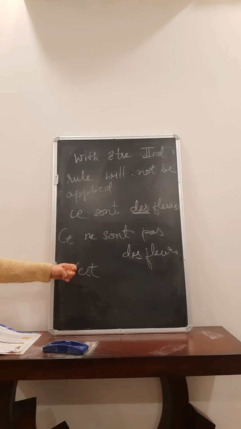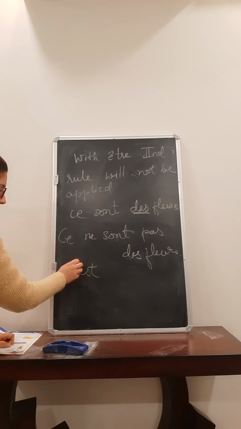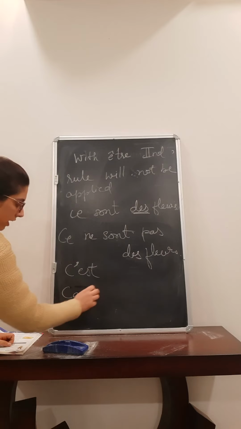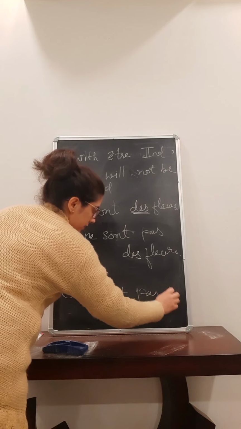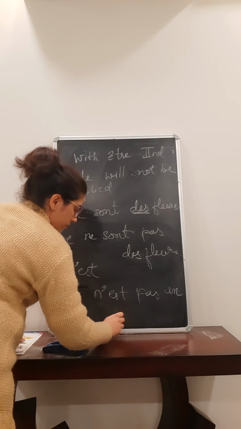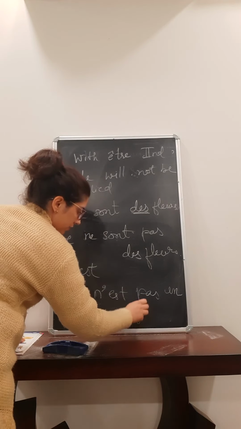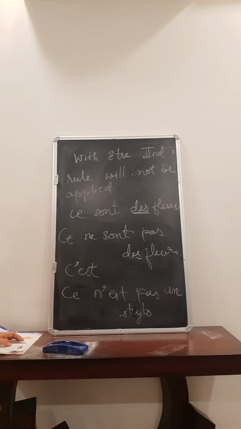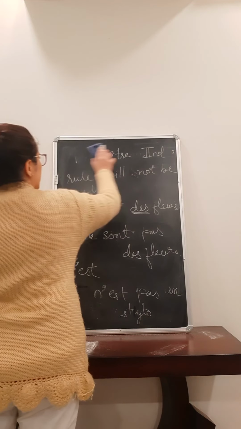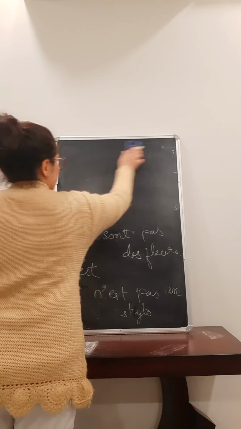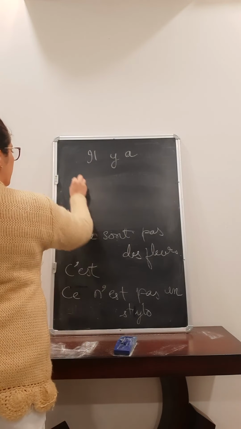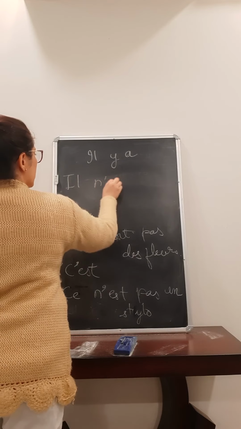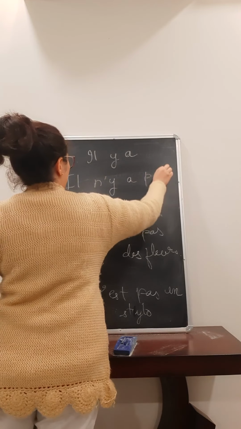In this case, the E of ce will come back, and we write it like this: ce n'est pas un stylo. This is not a pen. And how to negate il y a? We need to write it like this: il n'y a pas.